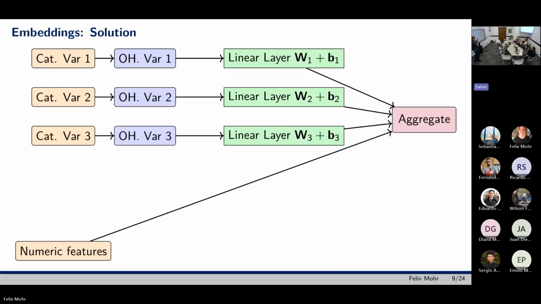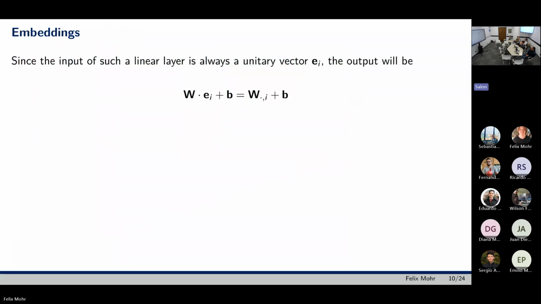The input is a unit vector, e_i, where i is the position of the one. The output of the linear layer is this here: we multiply the weight matrix with the input signal, but since the input is only zeros except a one at position i, we can write it like this, plus the bias term.